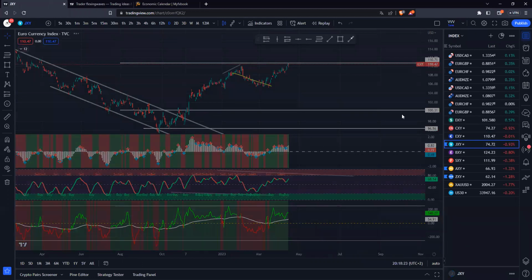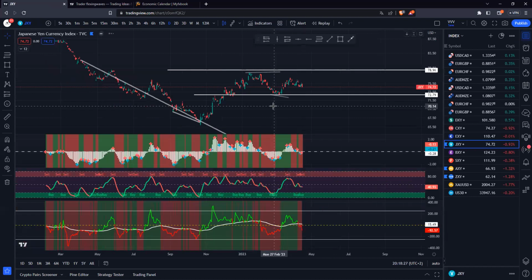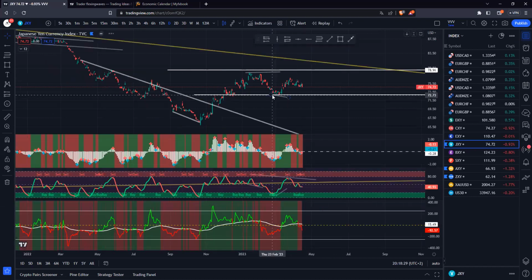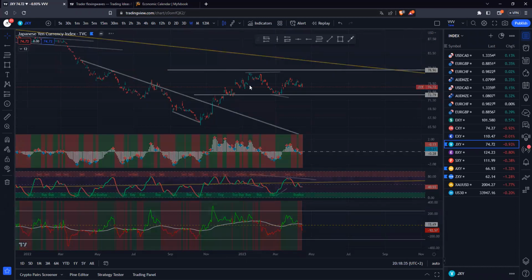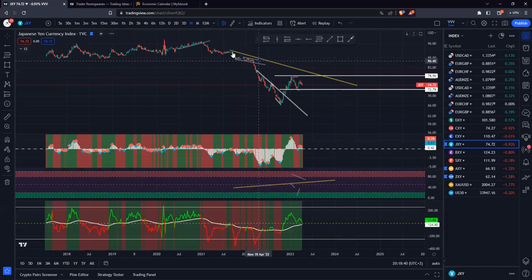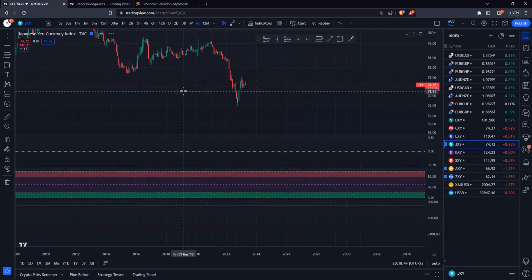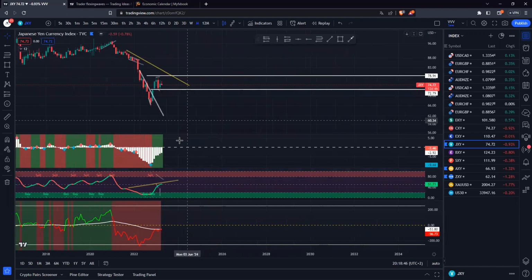First thing first, EXY. The EXY played out as well, but we didn't get the divergence, in my opinion, that I wanted to see. You see here a big line. It was from the monthly basis because there is a huge divergence forming on monthly.